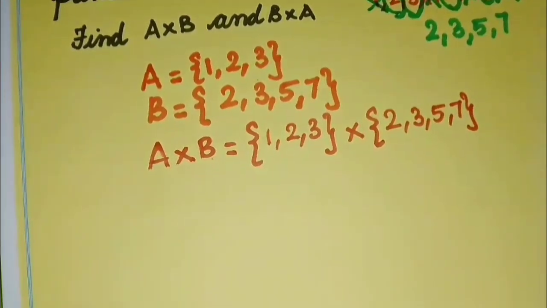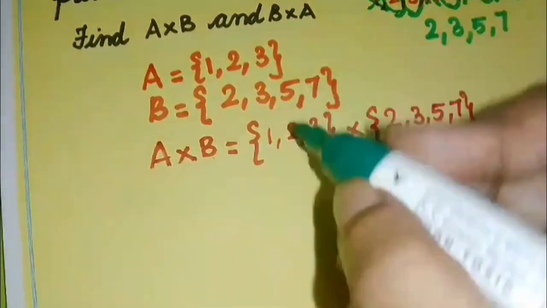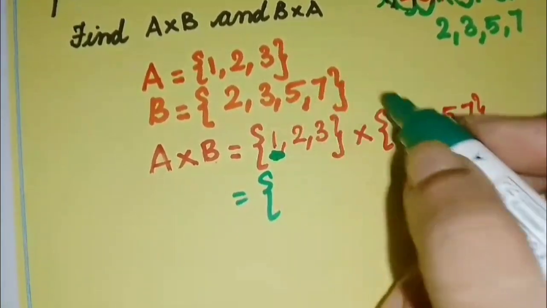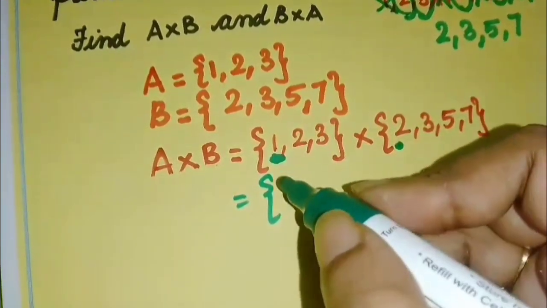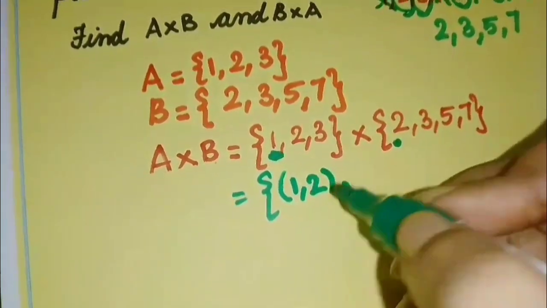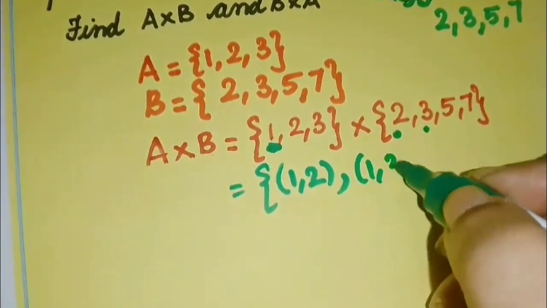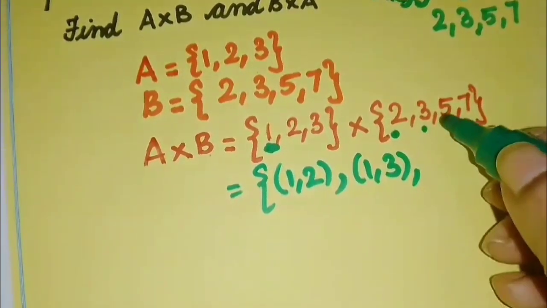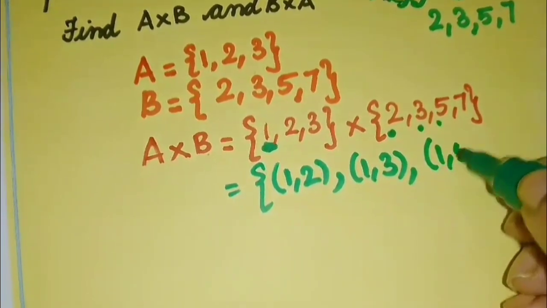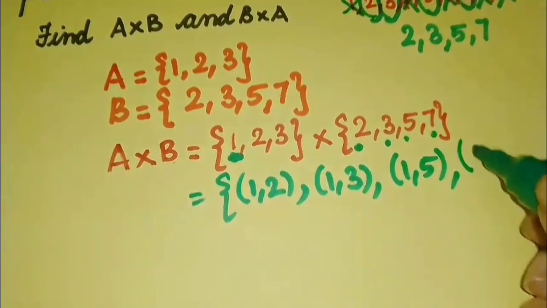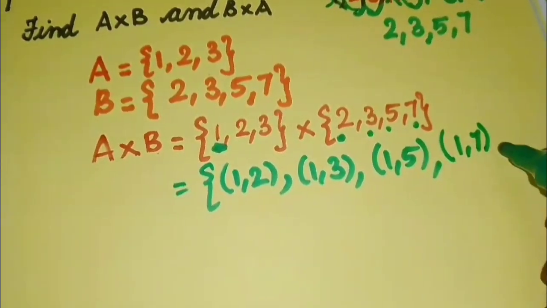So what are the possible ordered pairs? First, we'll pair with the element 1. So 1 will pair with 2, and we'll get (1, 2). Then 1 will pair with 3, so we'll get (1, 3). Then we'll pair with 5, so (1, 5) will come. And finally it will pair with 7, so we'll get (1, 7).